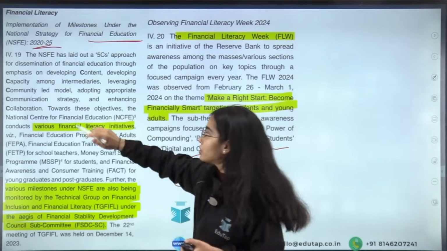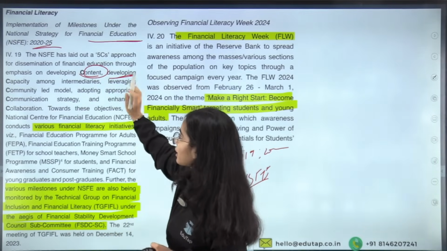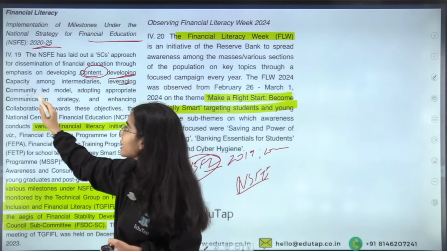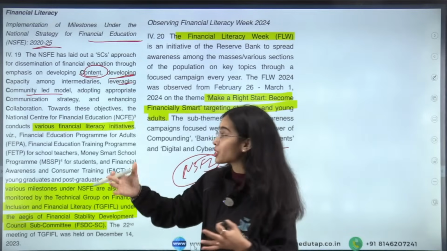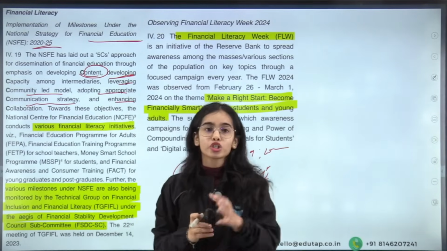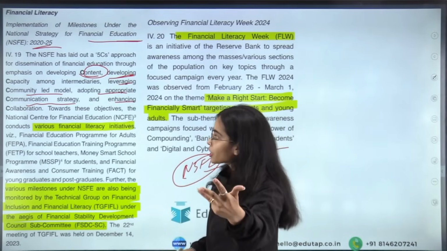It has 5 C's. It prepares the content, develops capacity among the intermediaries, leverages the community-led model so that the community teach each other, adopts an appropriate communication strategy and enhances collaboration. So the 5 C's are content, capacity, community, collaboration and communication.